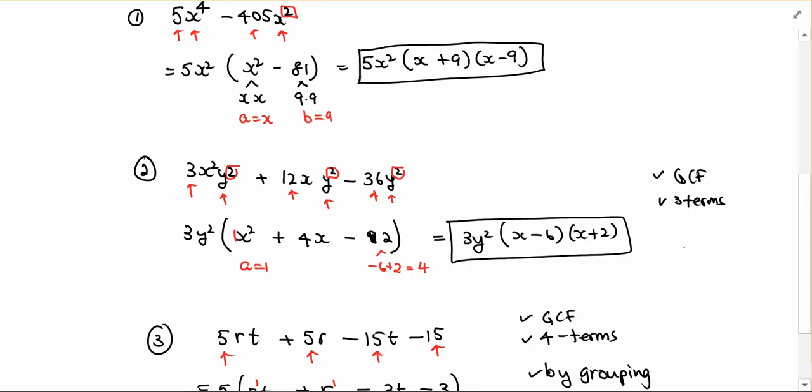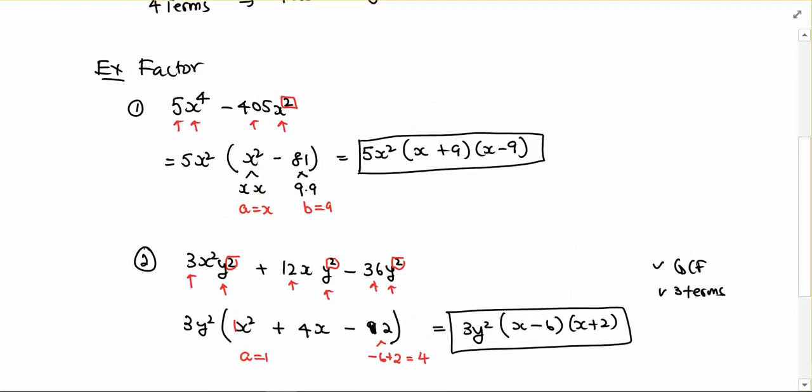We used trial and error on this one. This one had a GCF and two terms, so we used the difference of two perfect squares. That's it.